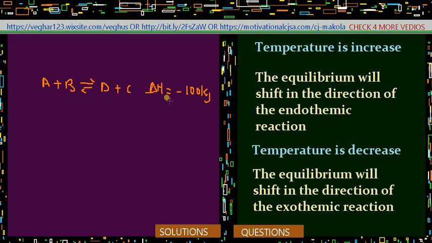Maybe they won't say exactly whether it's exothermic or endothermic. You have to know the science and use the statement to check whether it's exothermic or endothermic. So if you're given a statement like this, the forward reaction is exothermic because delta H is negative.